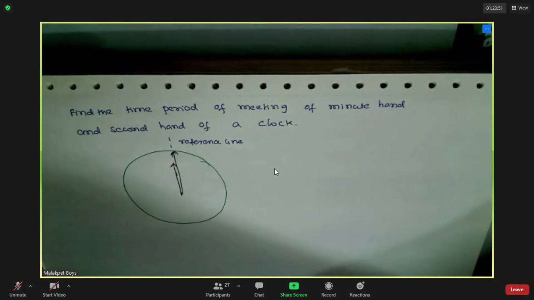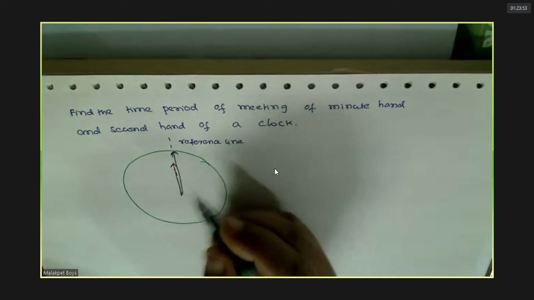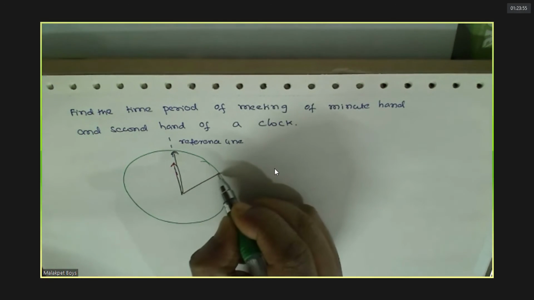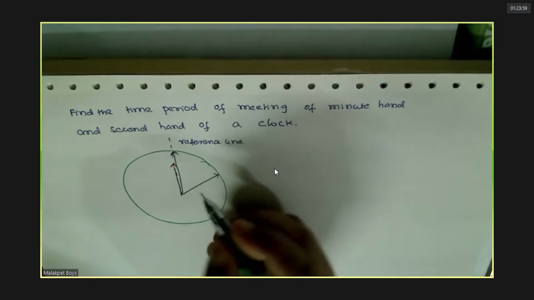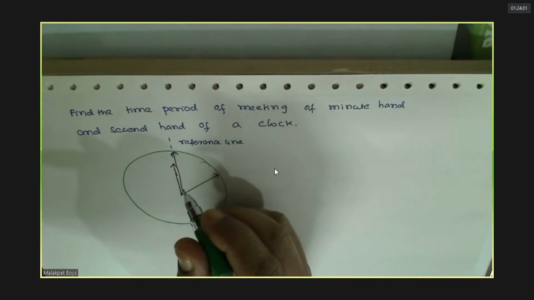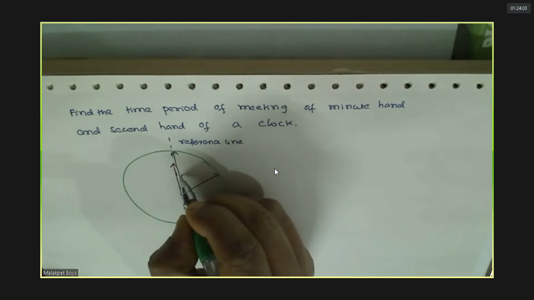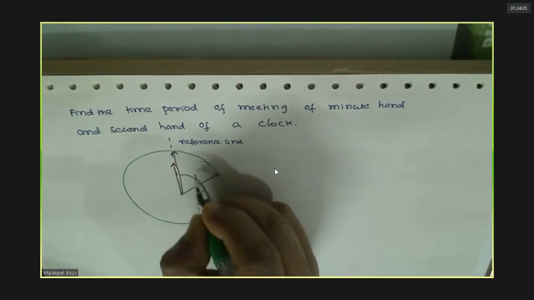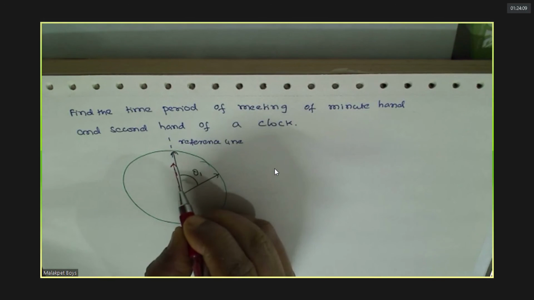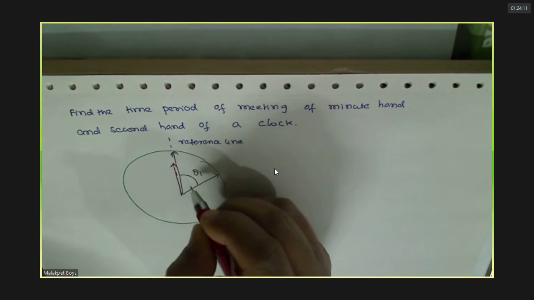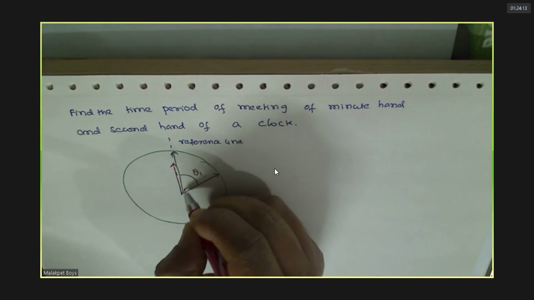So for example this one moves like this, and this particle may be here.